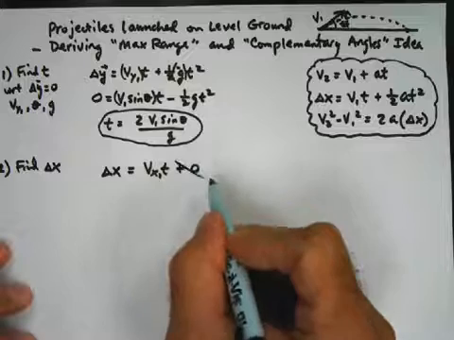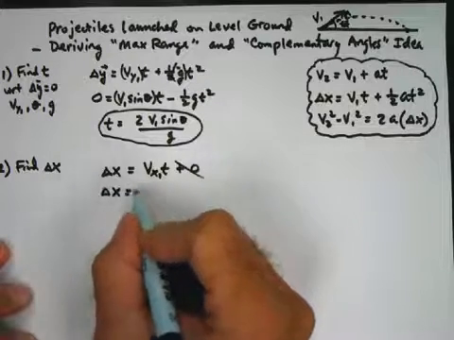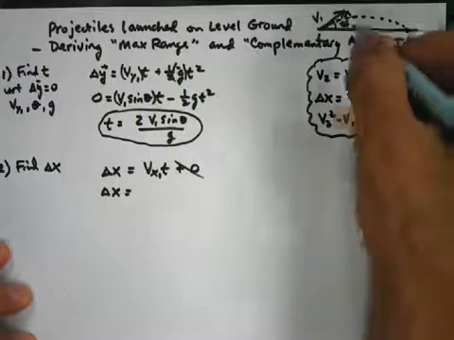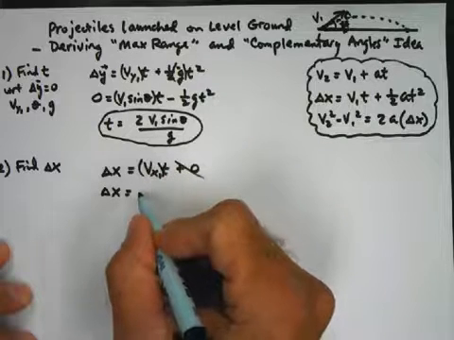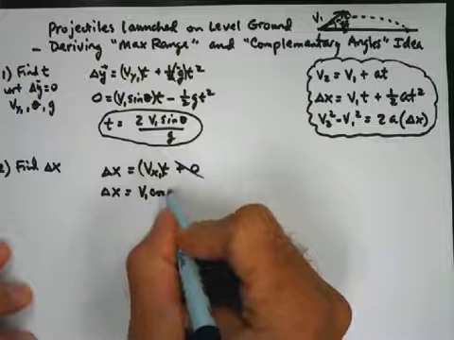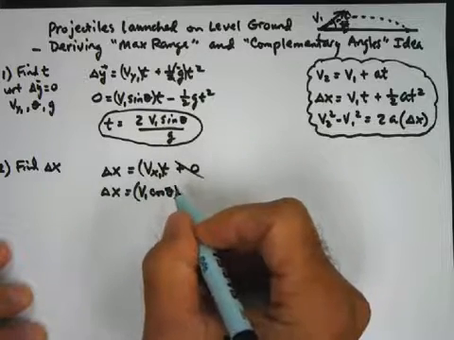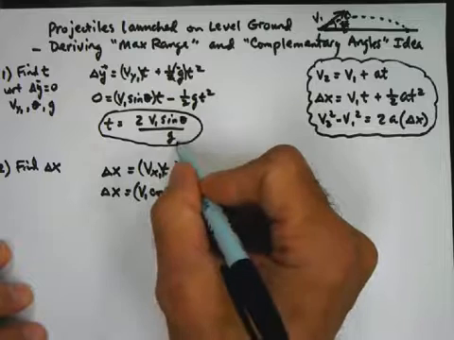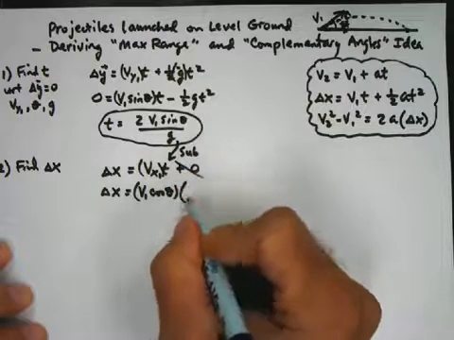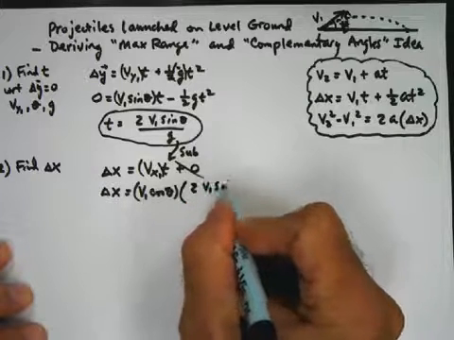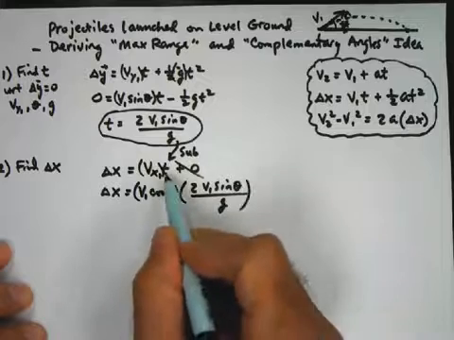That term just drops off. For Vx1, the x component of our starting velocity, I can say that would be V1 cosine theta. And instead of writing t here, I will substitute in the time, so we end up with 2 V1 sine theta over g.